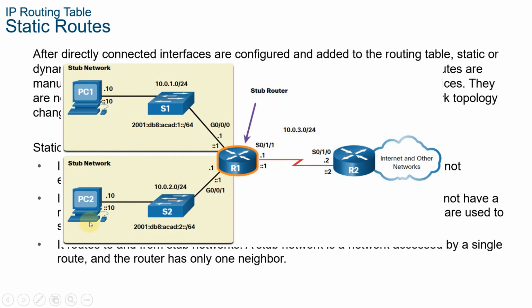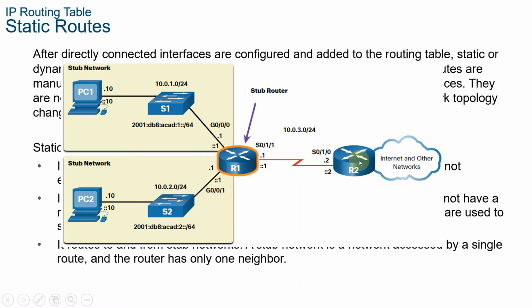Now, in this example, a static route can be configured on R2 to reach the R1 network. Additionally, because R1 has only one way to send out non-local traffic, a default static route can be configured on R1 to point to R2 as the next hop for all other networks.